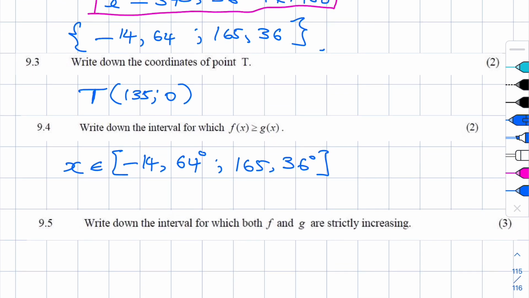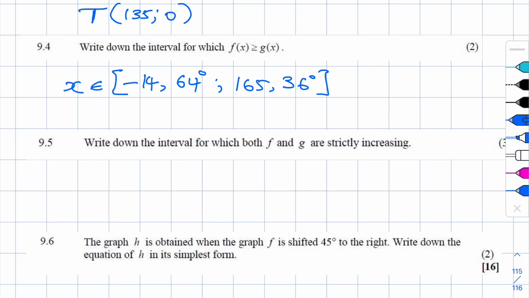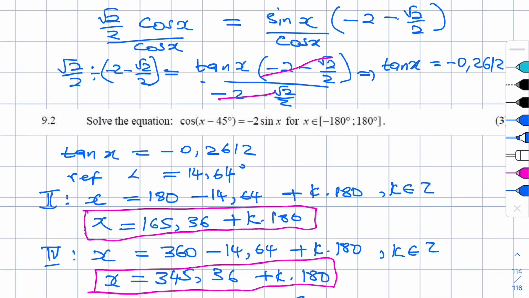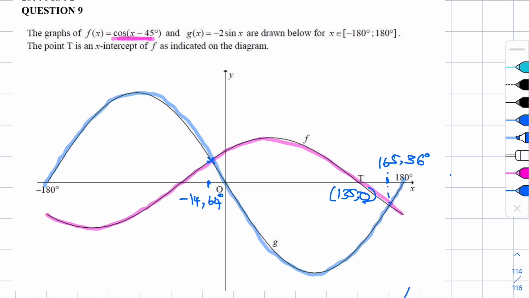Then the next question now. Write down the interval for which both f and g are strictly increasing. Okay, so let's go to our graph. Let's start with the graph of g.